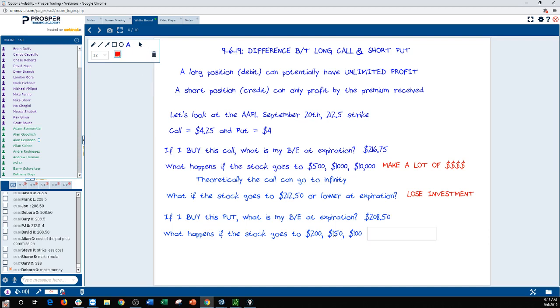However, unlike, and I said this earlier, unlike on the call side where theoretically a stock can just keep going and going and really go to infinity, okay, what is the maximum I could make on a long put here in this scenario? What is the maximum amount I can make?